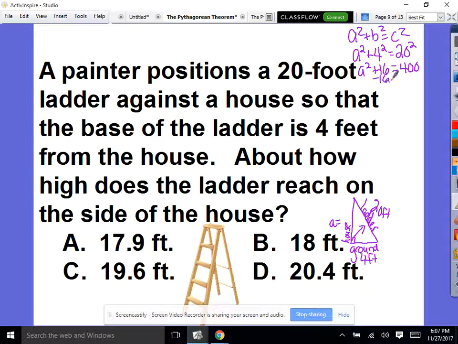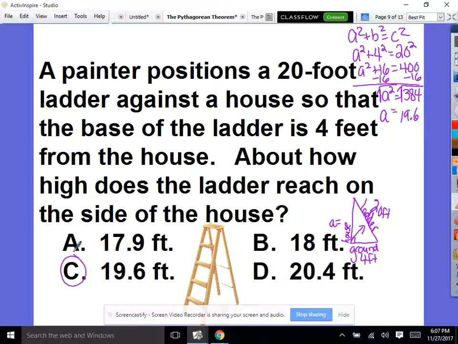We're going to subtract 16. We get A squared equals 384. If we take the square root of 384, we get A equals 19.6 feet.